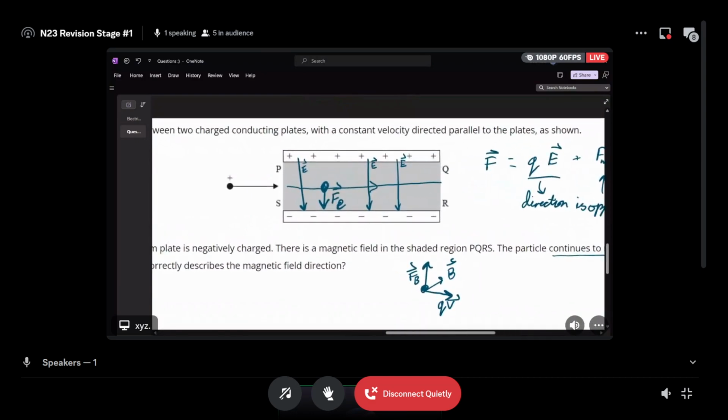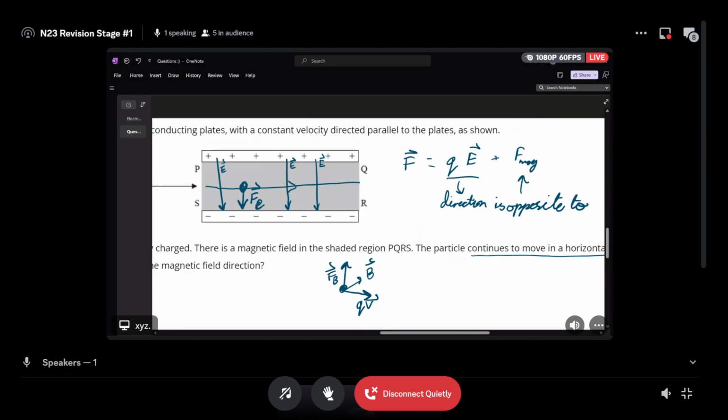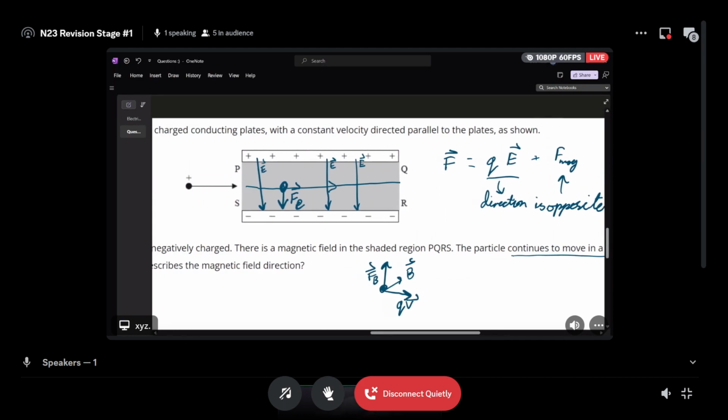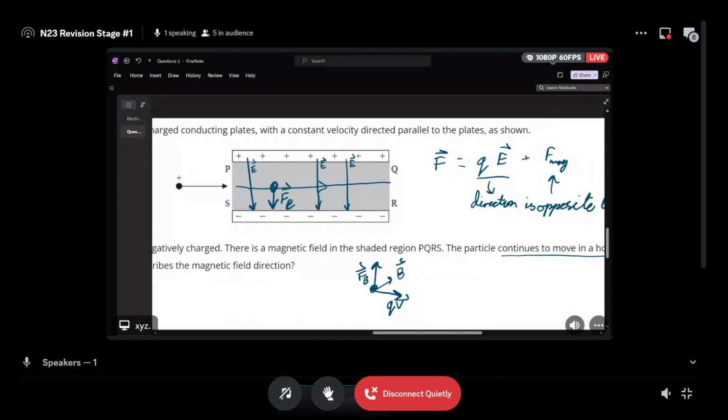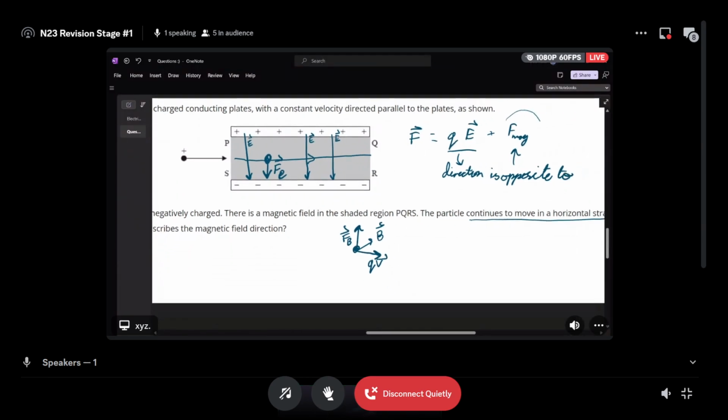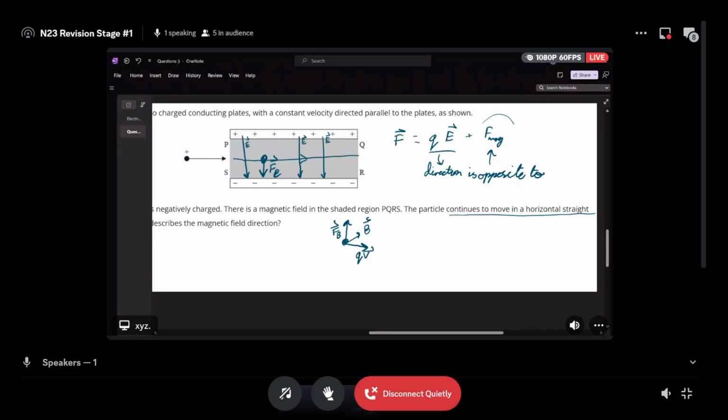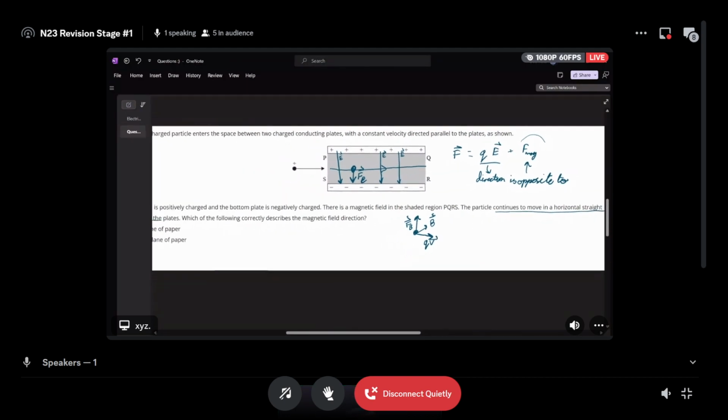And that means that the vertical components of the forces must cancel. So QE must be opposite and equal to F mag. Yes. Equal in magnitude but opposite in direction.